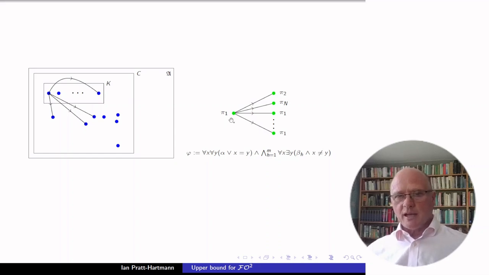Notice that if we have any element of the original structure A, it will have a one-type, let's say pi1. It doesn't really matter what the one-type is, and it will have M witnesses, and these witnesses will have one-types. The first witness may have one-type pi1, and the second may also have one-type pi1.